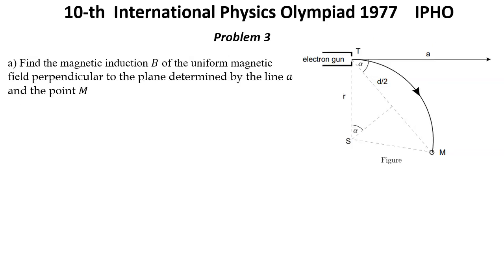Solution for problem number 3. Question A. Find the magnetic induction B of the uniform magnetic field perpendicular to the plane determined by the line A and the point M. Solution.